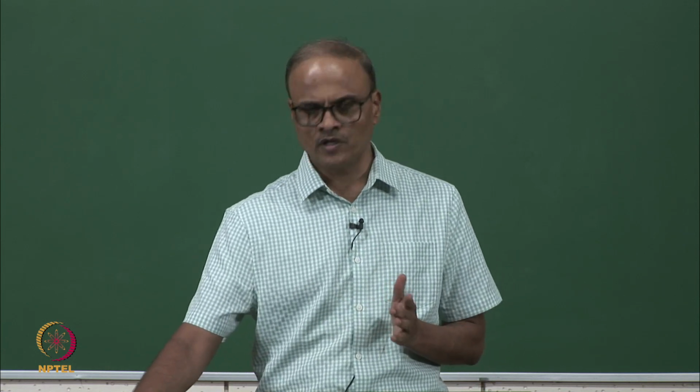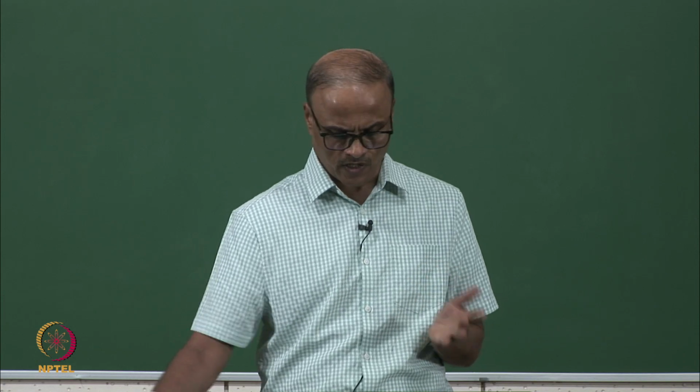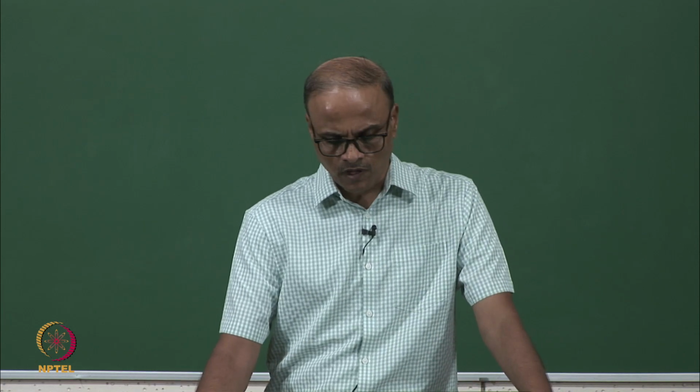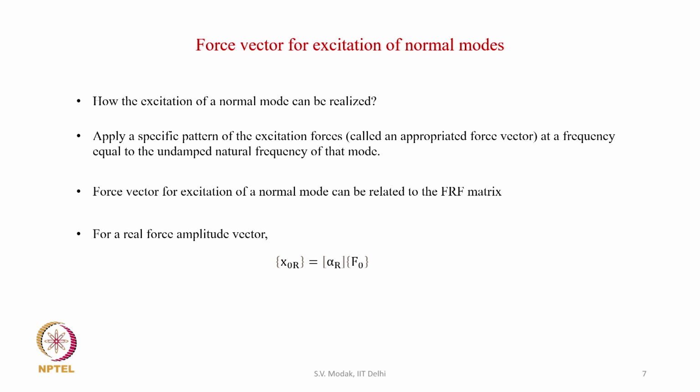That is why we can write the real part of the response as the real part of the FRF matrix times the force vector amplitude. So X_R is equal to alpha_R into F naught_R, where X_R is the real part of the response and alpha_R is the real part of the FRF matrix.